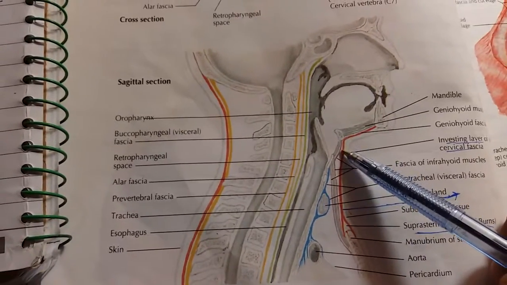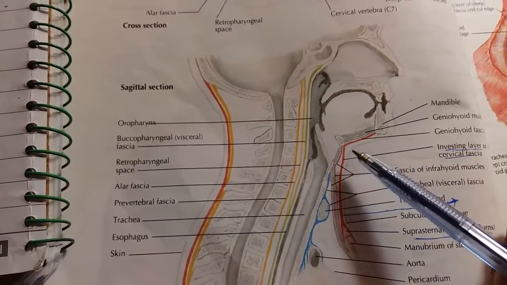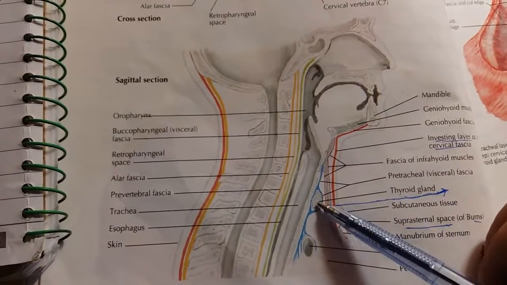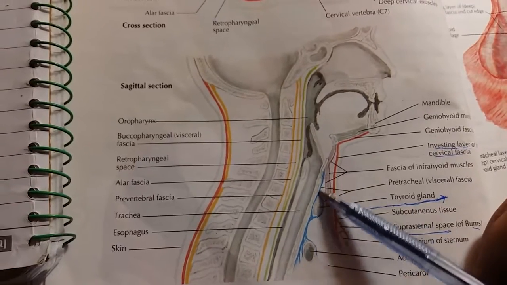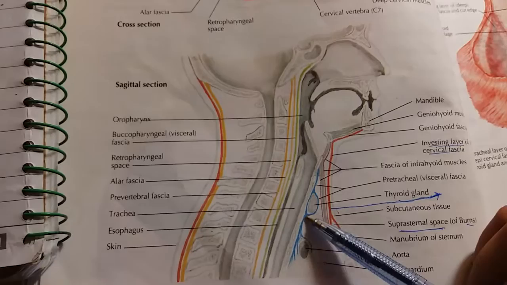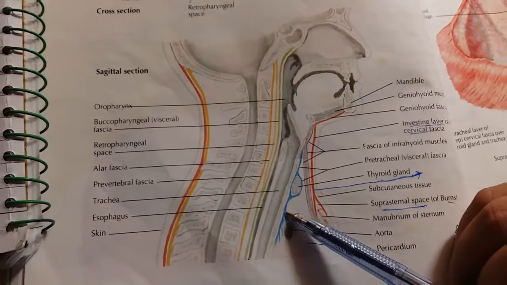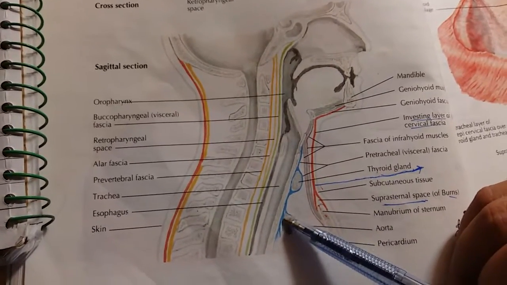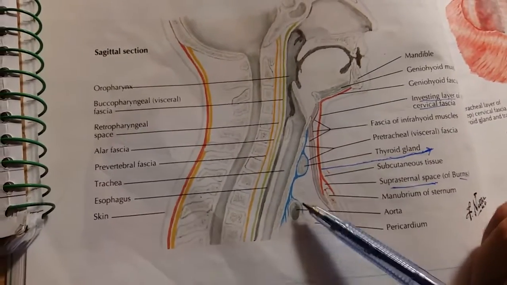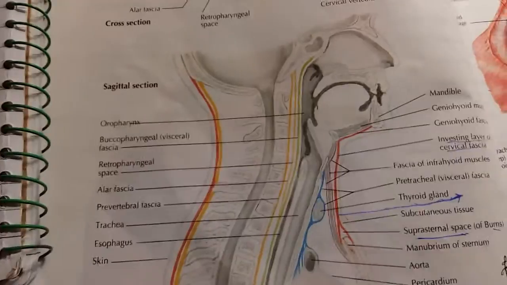It covers the infrahyoid muscles, and this is the muscular part, and a visceral part which covers the thyroid gland and anteriorly the pharynx. And then the pretracheal fascia will come down, and it will fuse with the pericardium of the heart and with the aorta.